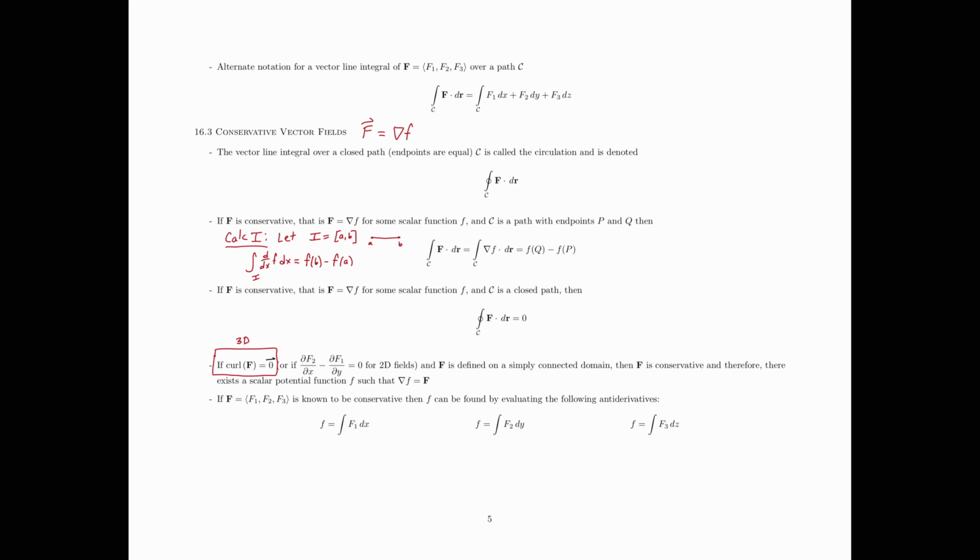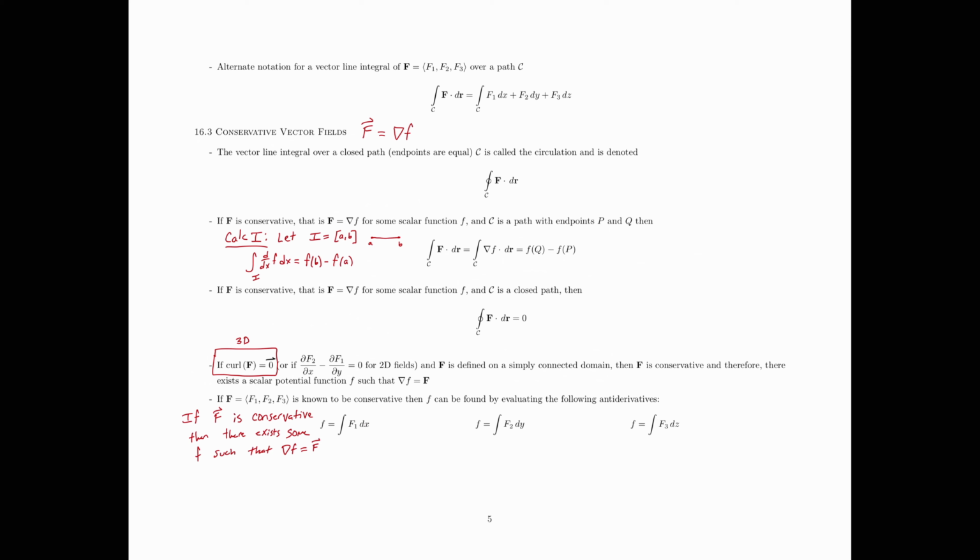Essentially, if the vector field capital F is conservative, what does this mean? Well, by definition, there exists some function f such that the gradient of this little f equals the vector field big F.